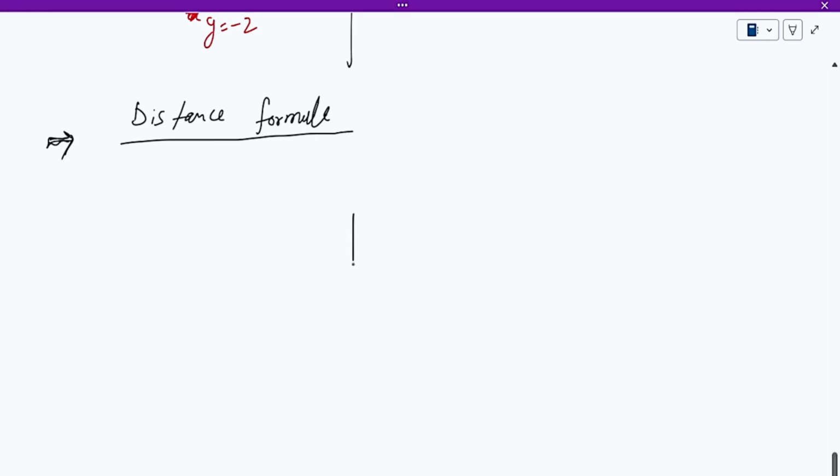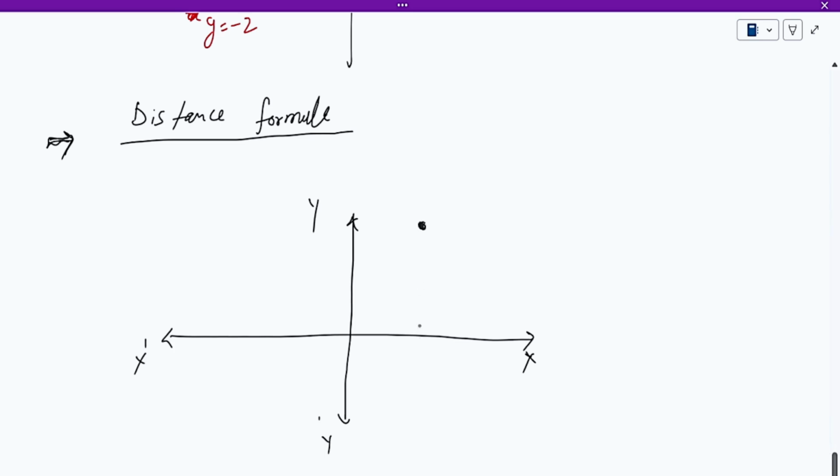Now suppose we have given 2 points in a plane. Let's say this is x-axis and this is y-axis. If I'm writing any point over here, we know that this point is at a distance of some units from the x-axis and some units from the y-axis, right?